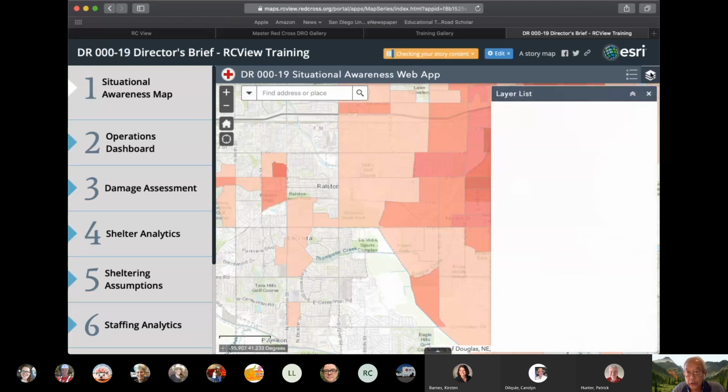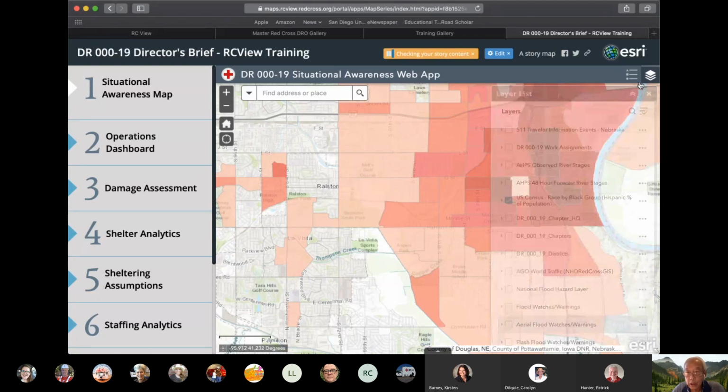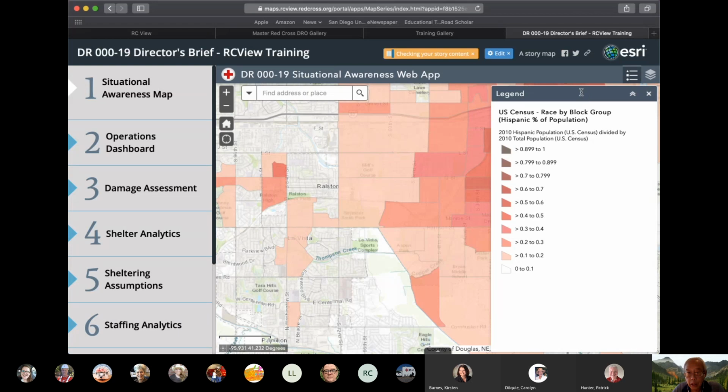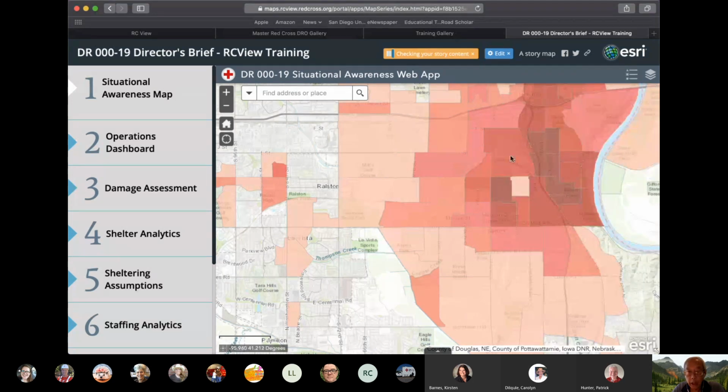In fact, let me show you. The density, let me show you that again. Fortunately, I can't move this legend around. But you can see the darker it is, the higher the density of percent Hispanics of the total population within that census group. So say this is a census group right here. If you count up all the people in here, that's the population within this census group.